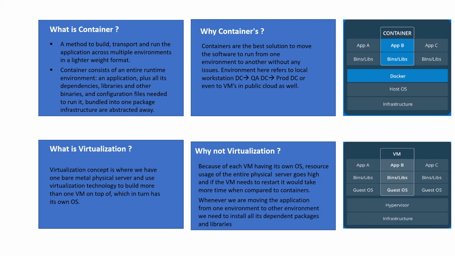When I do the same code deployment, there might be problems with dependencies or libraries. The problem statement is: my application runs fine on my Mac machine, but when I deploy it to Linux or Windows in my data center or cloud, it doesn't run.